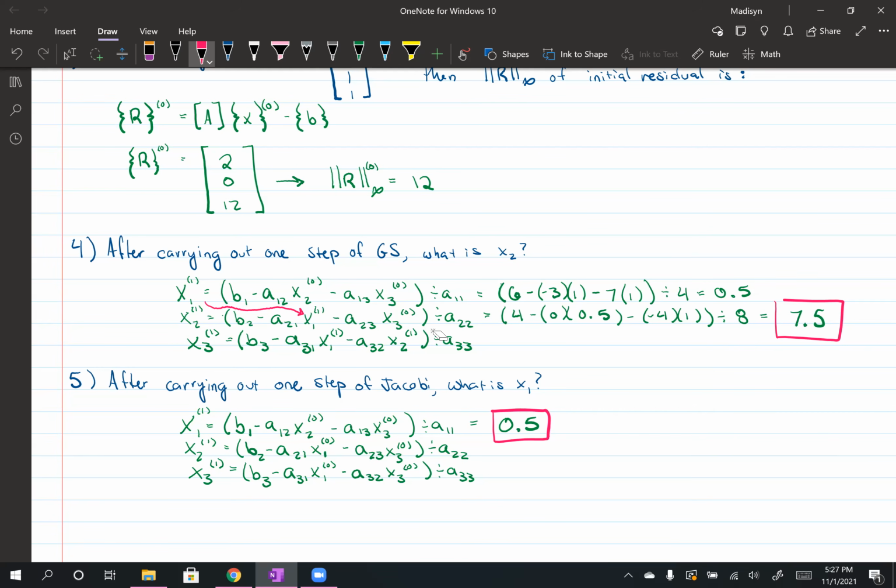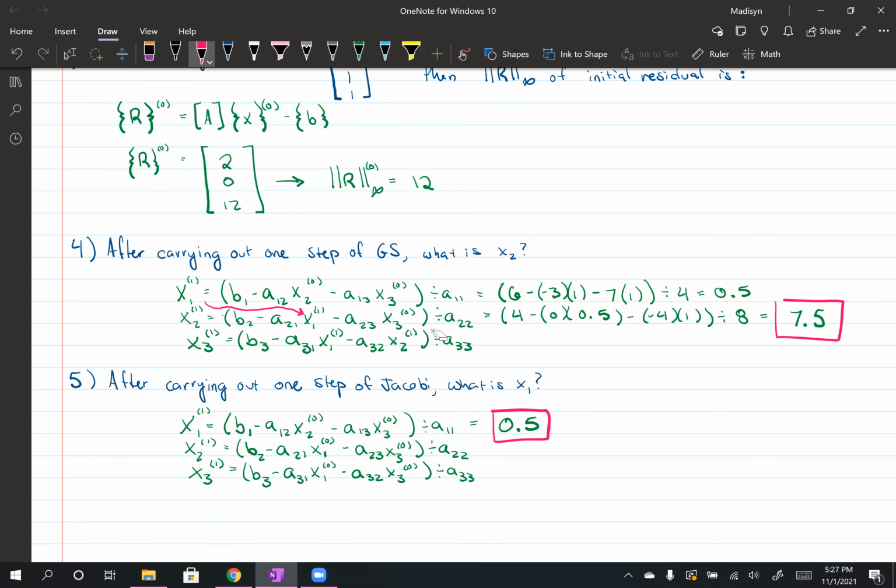Let's see, what's another good thing to talk about? We already talked about finding residual. We might ask you to carry out multiple iterations of either Gauss-Seidel or Jacobi. It's easier to do Jacobi because with Gauss-Seidel it gets a little confusing because things update, but with Jacobi, things stay constant because in one iteration, your x's are from the same location.